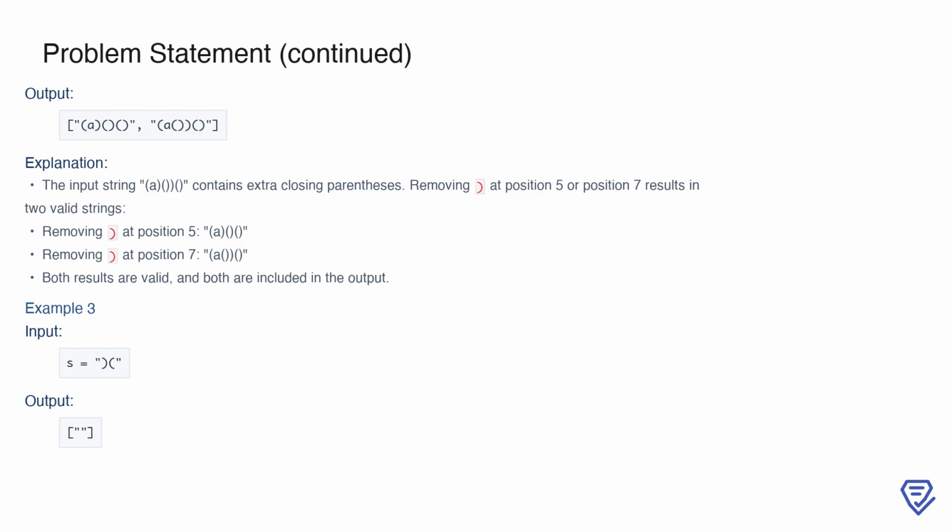Both results are valid since they meet the criteria for balanced and properly ordered parentheses while preserving all other characters in the string. It's important to note that non-parenthesis characters, like a, are not affected and remain unchanged in the output. This highlights how the solution needs to carefully identify and remove only invalid parentheses.